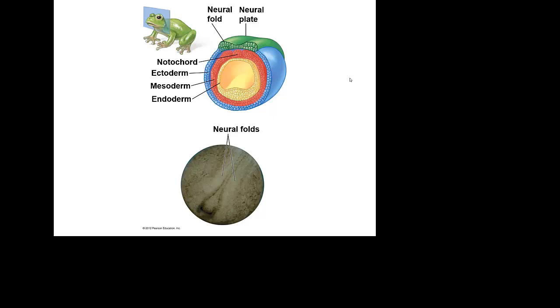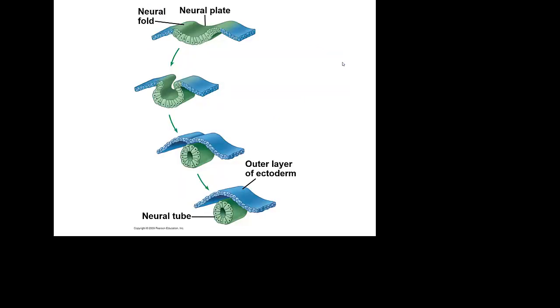In the cross-section of our frog here, we see the familiar endo, meso, and ectoderms, and then associated with what will become, in you and the frog, the dorsal side of the individual, the neural folds and neural plate are forming. Now this folds in and actually produces your nervous system on the inside with a layer of ectoderm or skin on the outside.